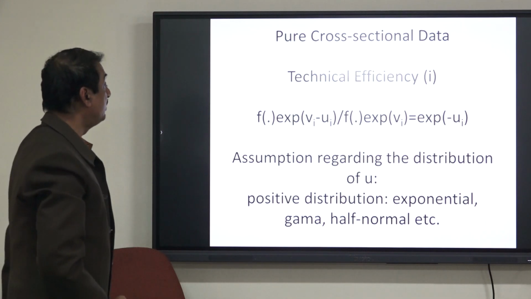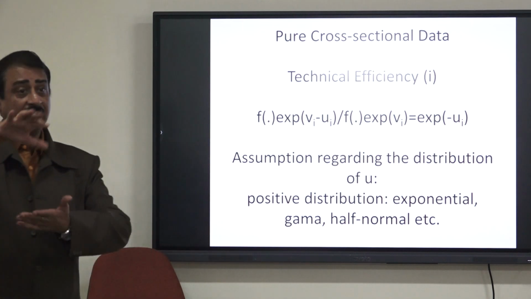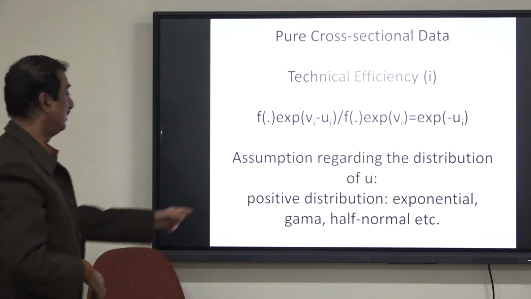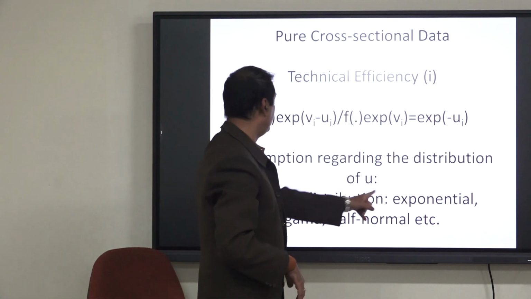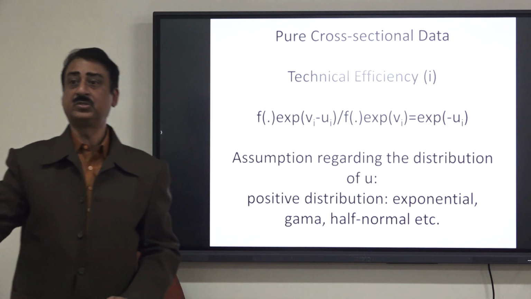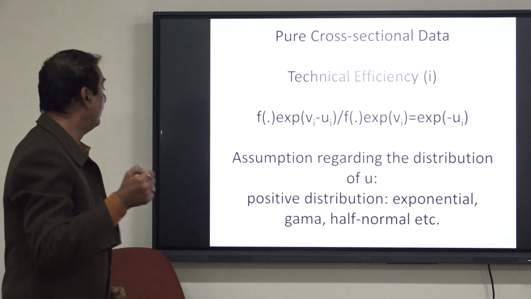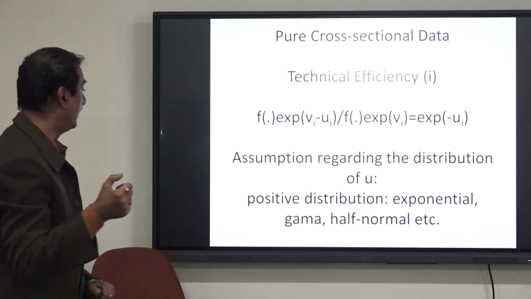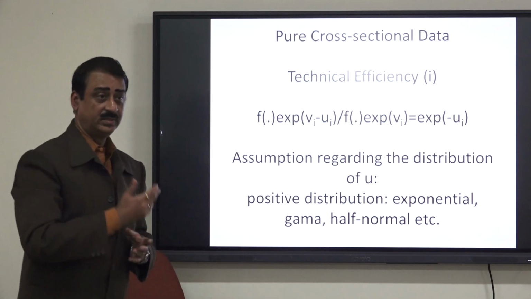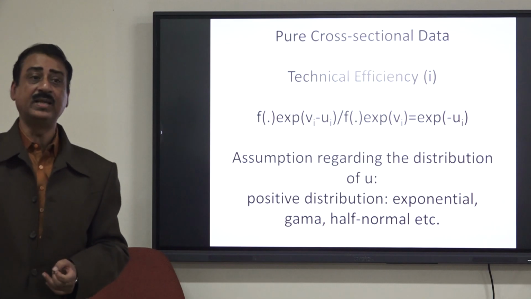In technical terms, we say that U would follow a positive distribution, a one-sided distribution. So we will have to tell the computer; each package will have certain alternative methods. Stata will have all these optional methods: exponential, gamma, half normal, etc. These are all positive distributions. You will have to click on that to say whether it follows an exponential function, a gamma distribution or a half normal distribution, and then accordingly you will estimate.